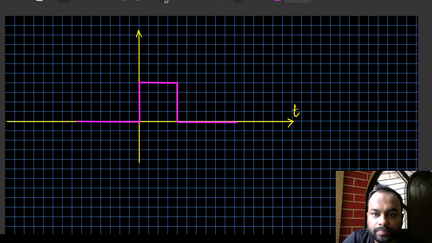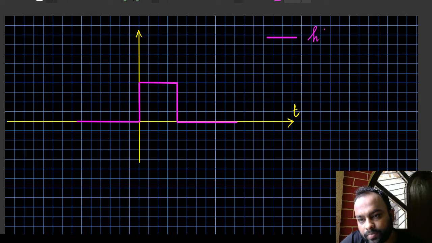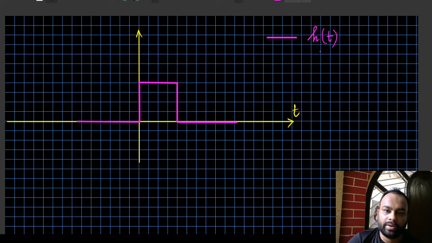Say this is the impulse response of a system we're dealing with. So with this color, I'm drawing the impulse response of the system.